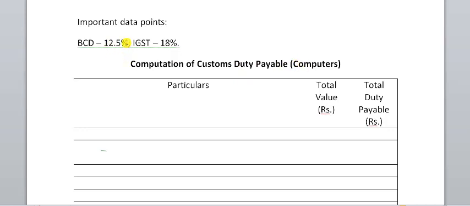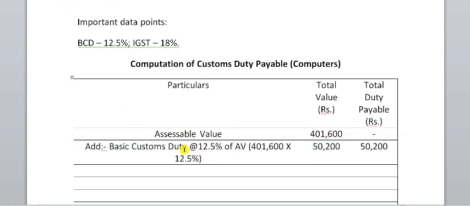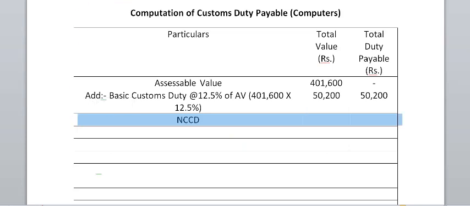Basic customs duty is 12.5%, IGST is 18%. So first, assessable value 4,01,600. You can recall this. Basic customs duty 12.5% of the assessable value: 4,01,600 into 12.5%, 50,200. Next, NCCD, nothing is there.